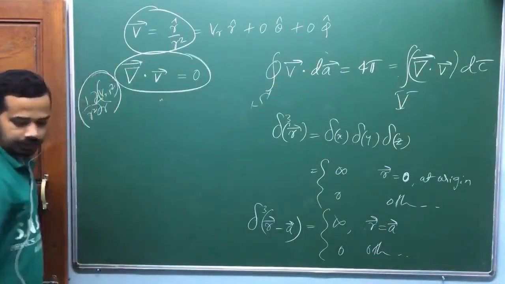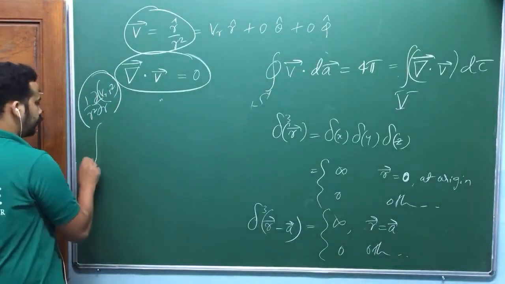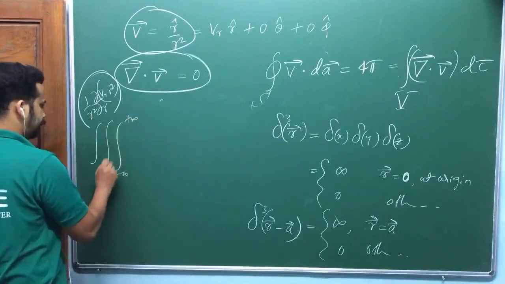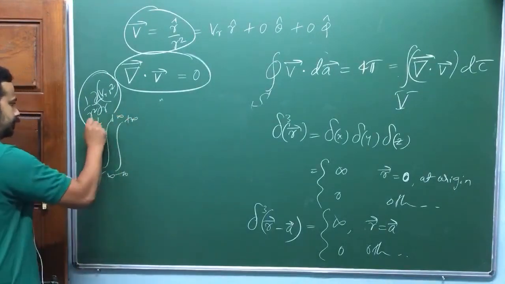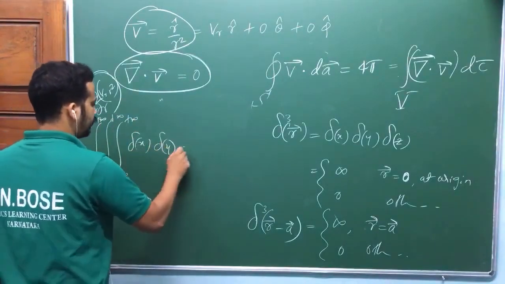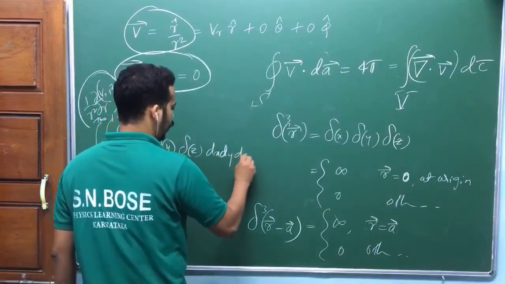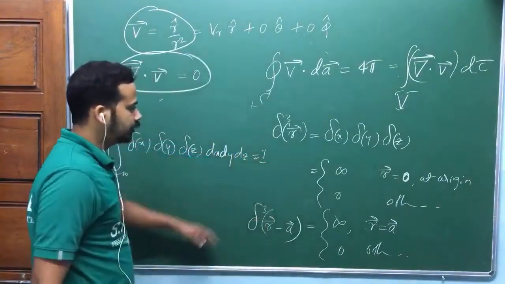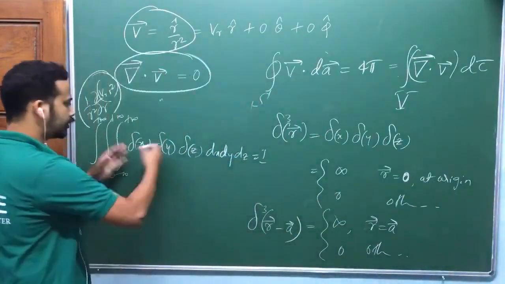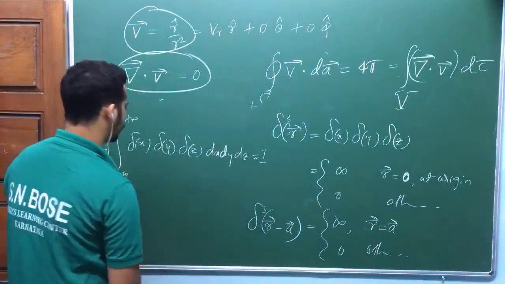And it follows this property. What is the property? The triple integral of delta x, delta y, delta z, dx dy dz should be equal to 1, am I right? Because the three-dimensional Dirac delta is written as a product of three one-dimensional Dirac deltas, you can split the integral and show that it is 1, because in one dimension it follows that property.